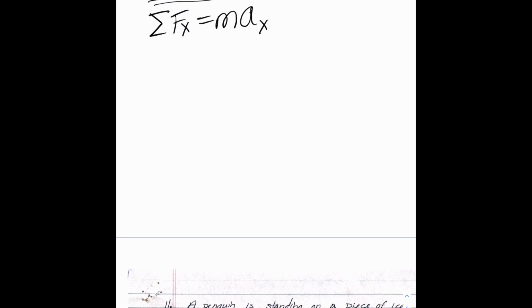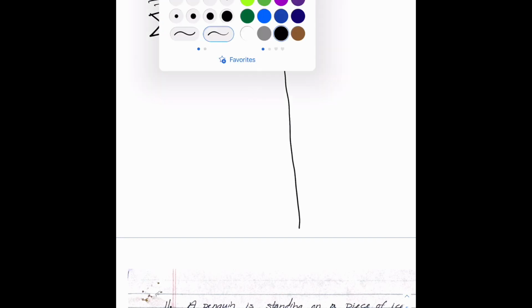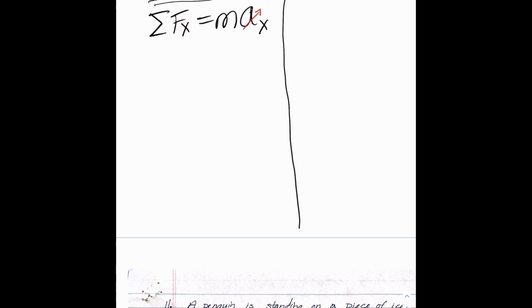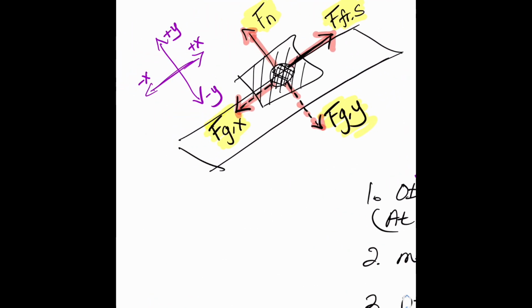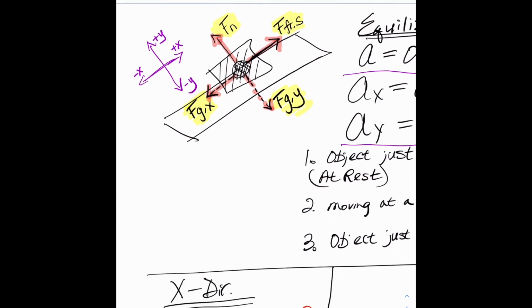When we do this, we know the acceleration is equal to 0 because ax is 0. It's not accelerating up or down the ramp. But we do have forces acting on it up and down the ramp. We have friction static up the ramp and Fg of x down the ramp.